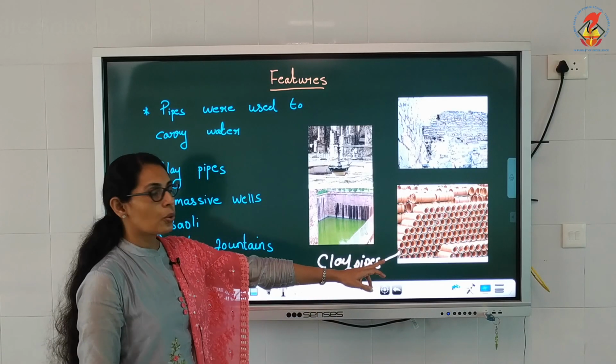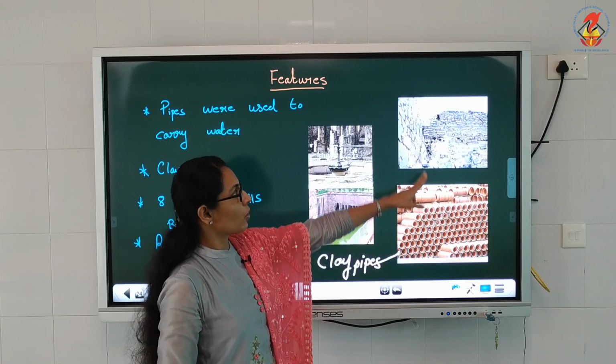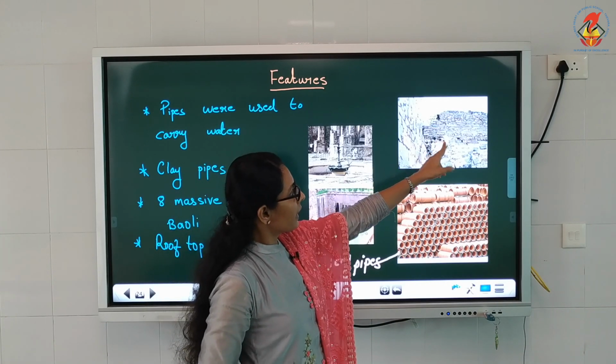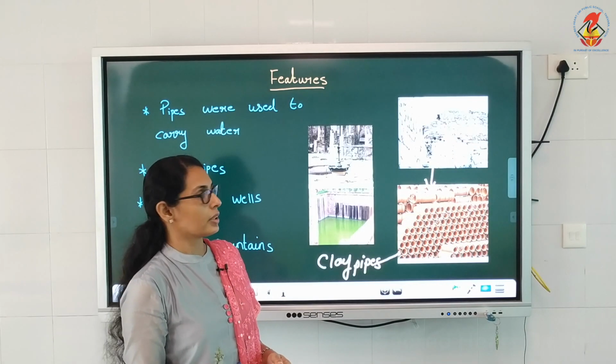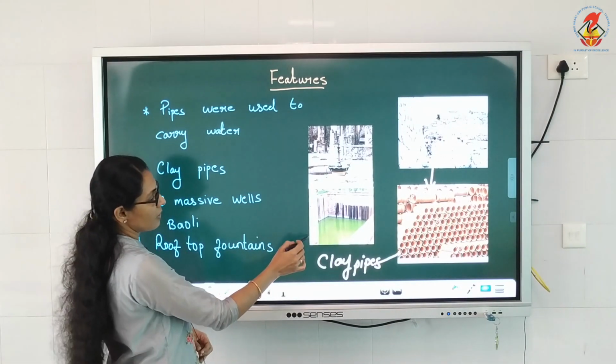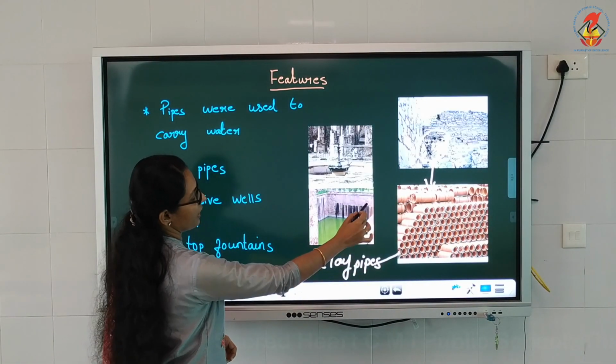You can see they fixed them inside the wall also. Look here, these are all clay pipes. The clay pipes are fixed inside the wall, and through the wall the water is carried towards different parts of the area. And there also they had a water storage area.